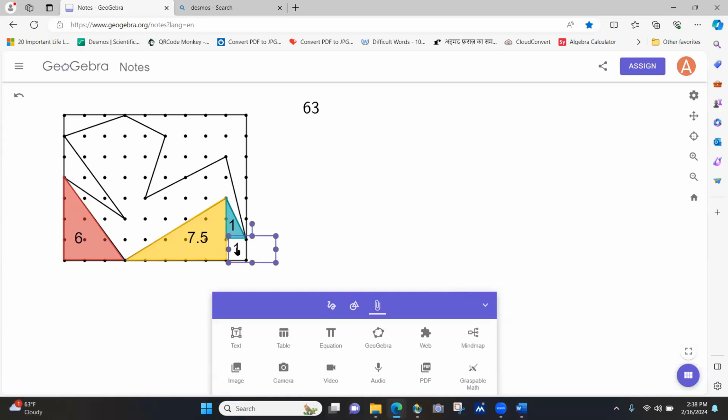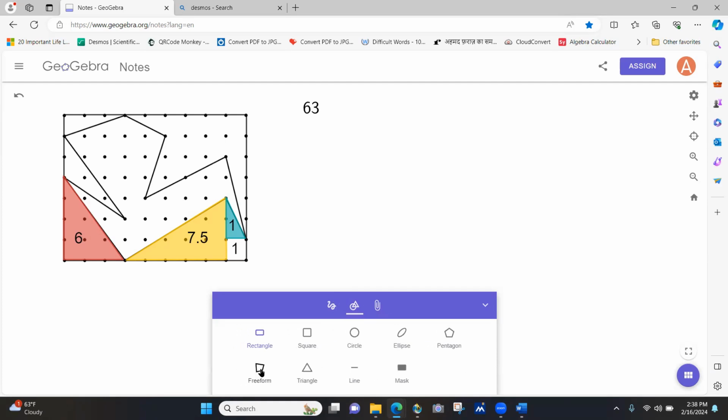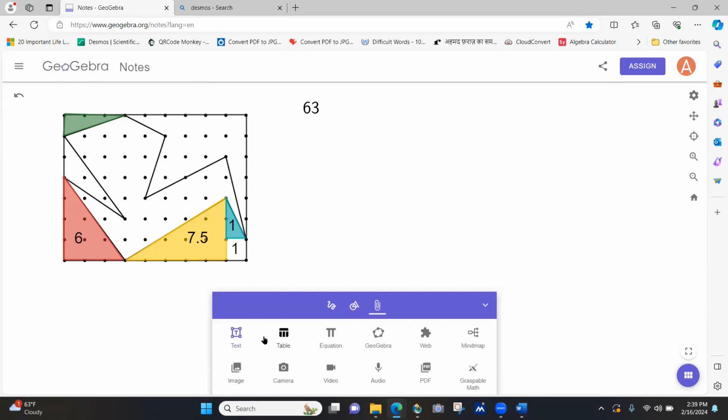Okay, this white square has an area of 1. Let's now do this triangle. This green triangle must have an area of 1.5 because 3 times 1 is 3. 3 divided by 2 is 1.5.